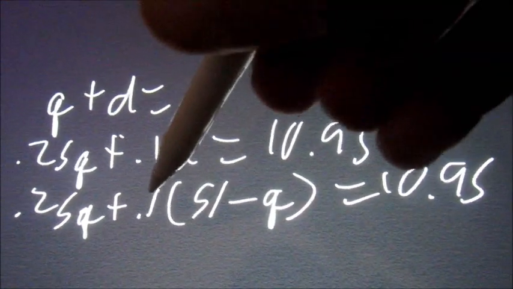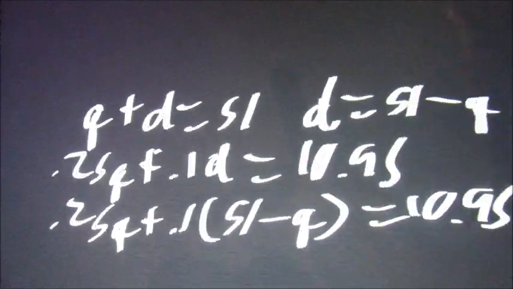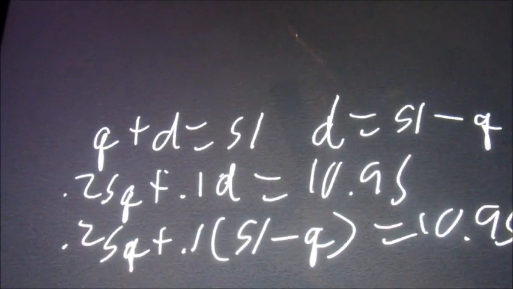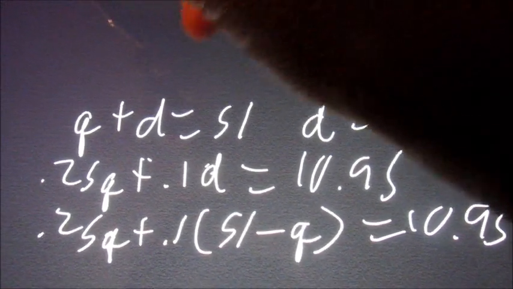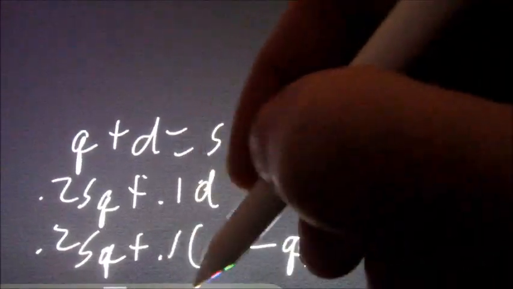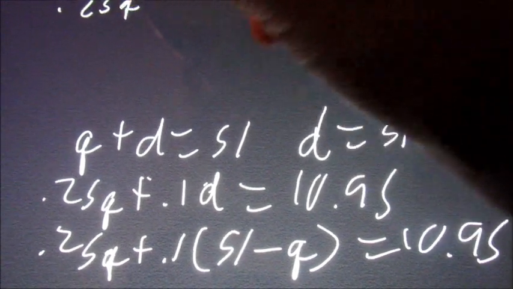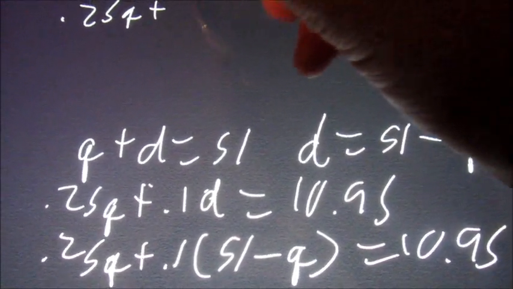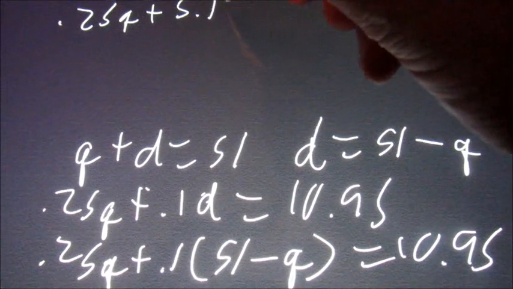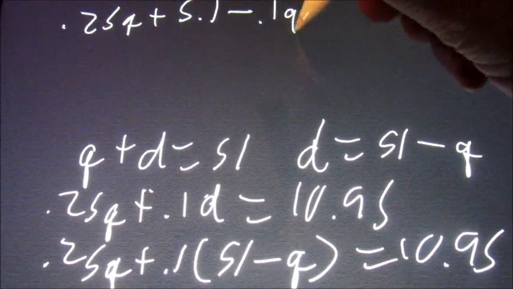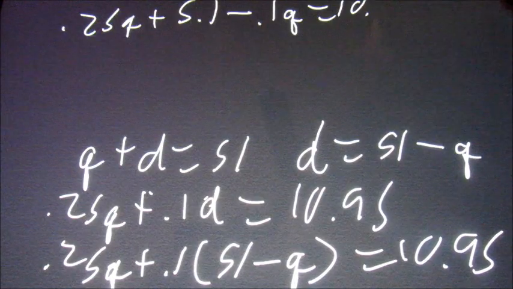So I have to distribute the 0.1. What I'm going to have now is 0.25Q plus 5.1 minus 0.1Q equals 10.95.